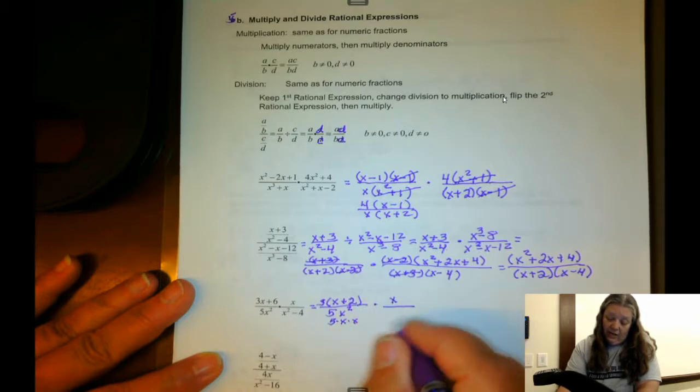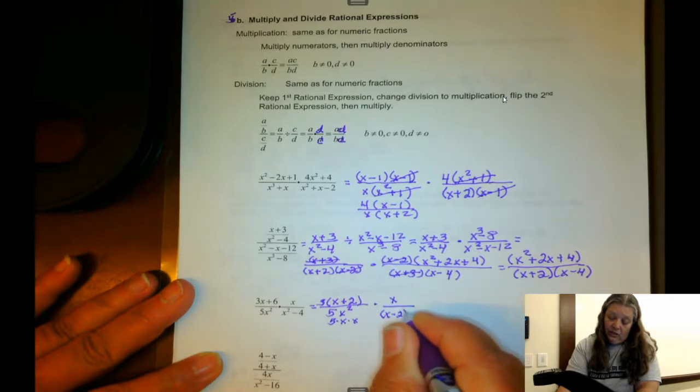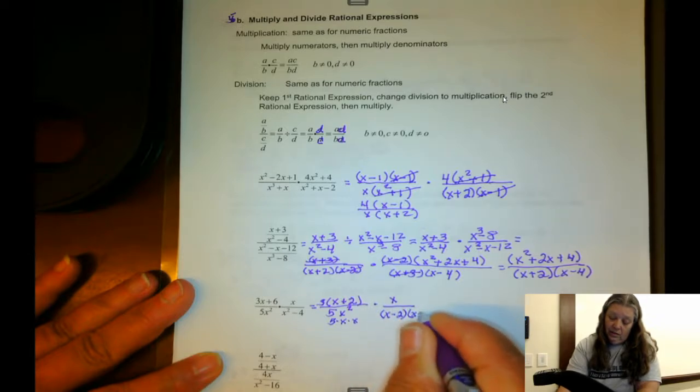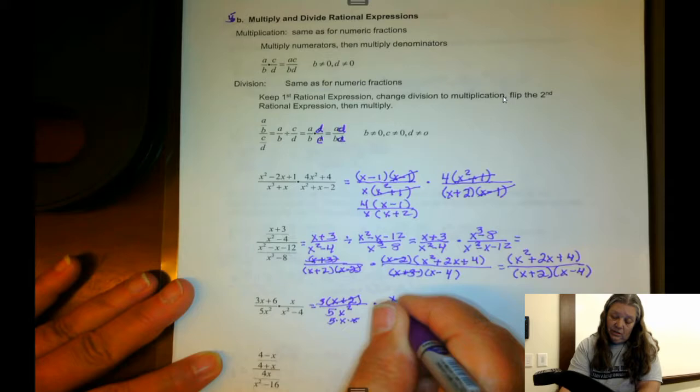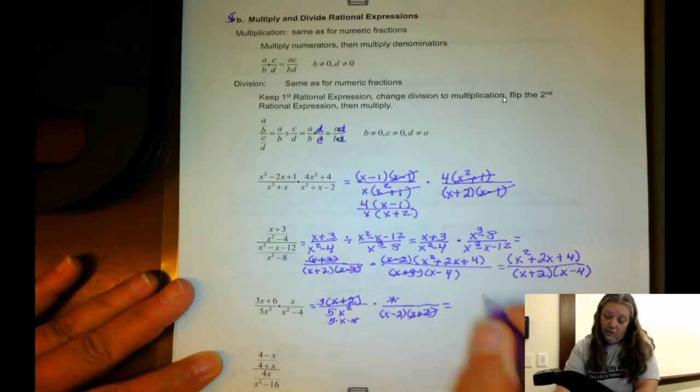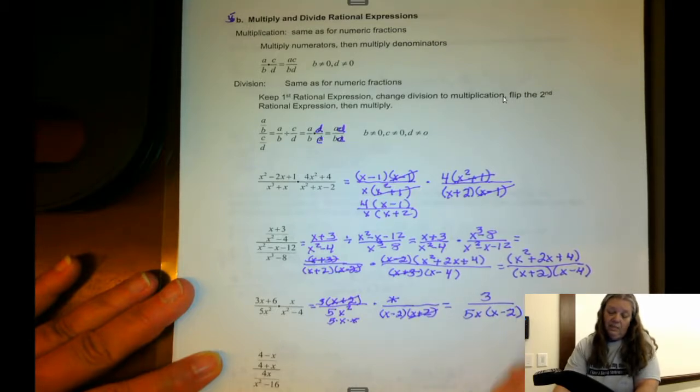No factoring in the numerator. We have x minus 2 and x plus 2 in the denominator. X plus 2 cancels, x cancels, so we're left with 3 over 5x times x minus 2.